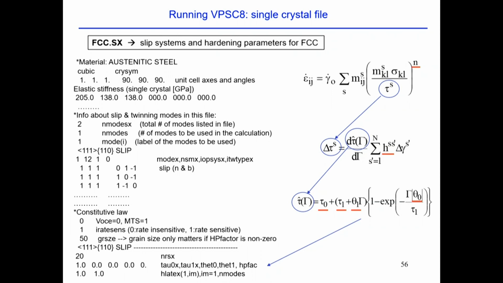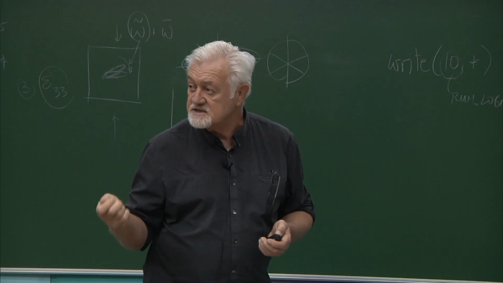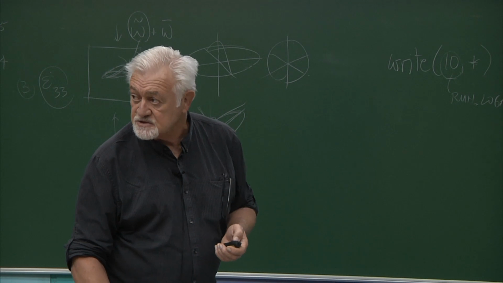The code can deal with any of the 7 primitive symmetries. It can be cubic, hexagonal, trigonal, tetragonal, triclinic, orthorhombic, and monoclinic. Each of those has a number internally, but you declare that as cubic, trigonal, tetragonal, and the code will read it and recognize it as the symmetry that it has to use.